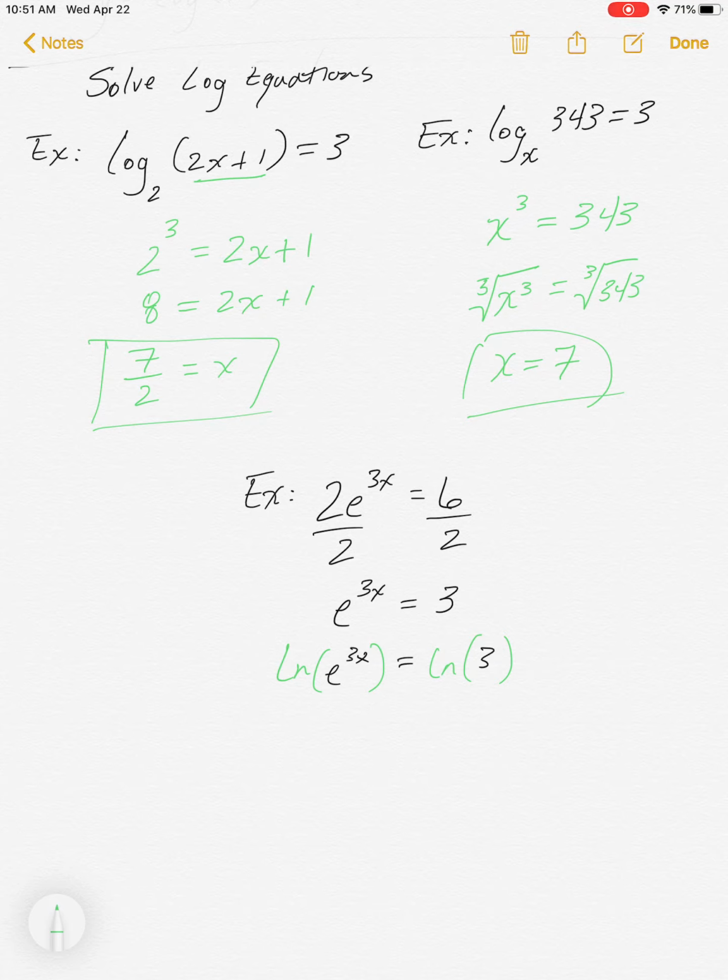Natural log and e are inverses of each other, so they undo each other, and the only thing that's left is 3x. 3x equal to the natural log of 3. Divide each side by 3 to get x by itself. And we have x equals the natural log of 3 over 3. This is an exact solution.